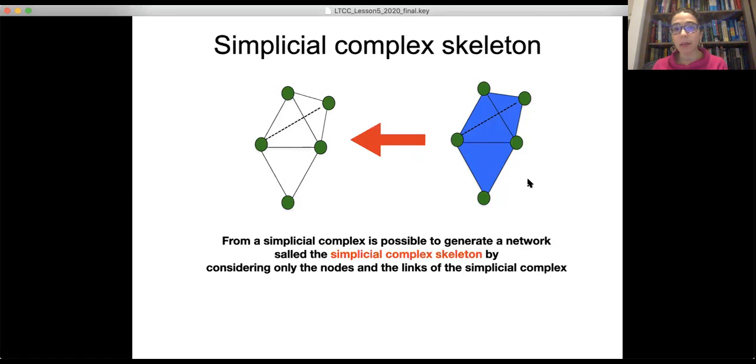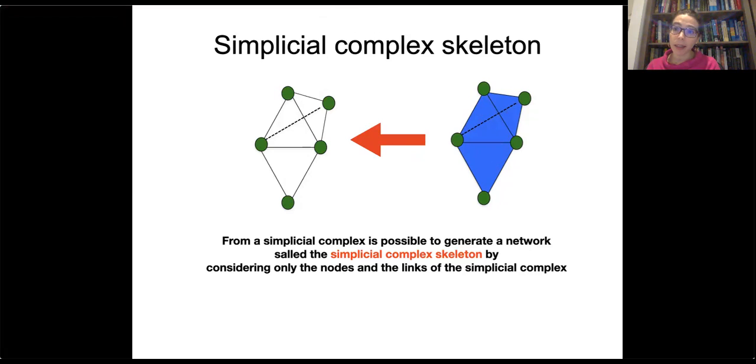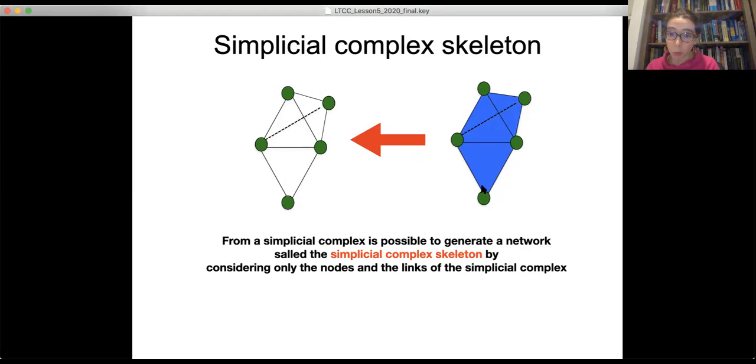And if you have a simplicial complex, in which you know which kind of higher order interactions are there, but you take only its skeleton, only the pairwise interactions, then you are reduced to a network. So you can go from a simplicial complex to a network just by taking the pairwise interactions present in the simplicial complex.